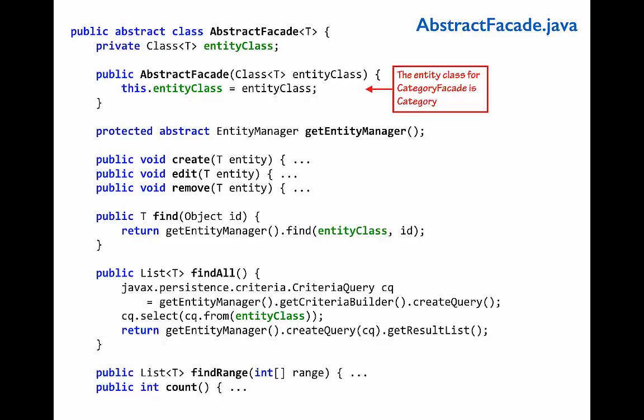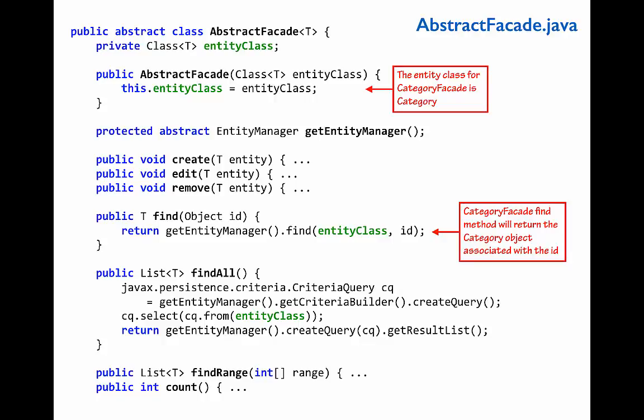We'll focus on the find methods. The find method, as used by the category facade, takes an identifier, the primary key, and returns the associated category. The findAll method, as used by the category facade, simply returns a list of all category records in the category table.